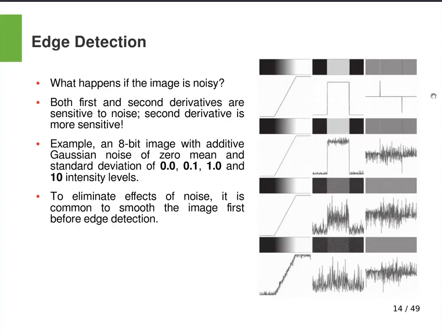So now let's just see if we add some Gaussian noise with a zero mean but standard deviation of 0.1 intensity values. So this is basically the noisy image.